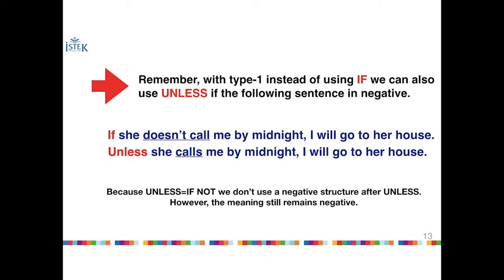So if we want to rewrite this sentence with unless, we must get rid of it. So unless she calls me by midnight, I will go to her house. Because unless means if not, we don't use a negative structure after unless. However, the meaning still remains the same.